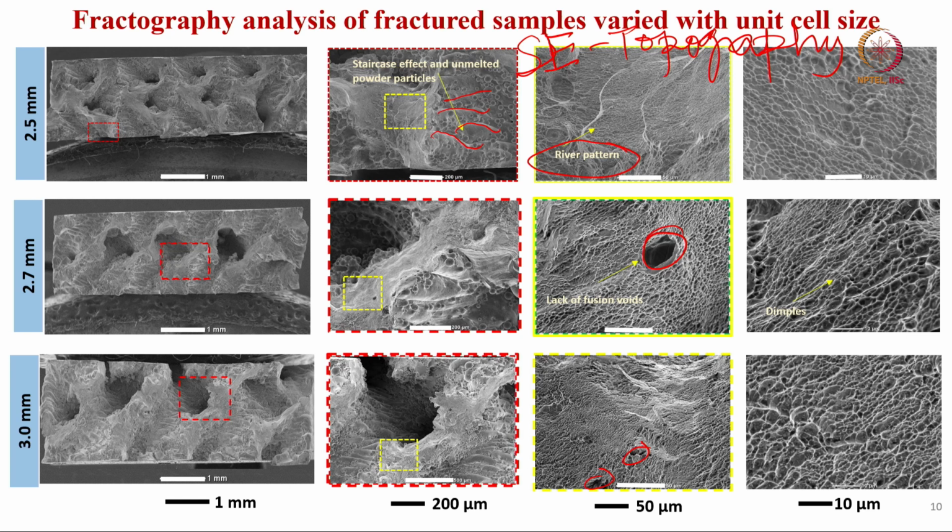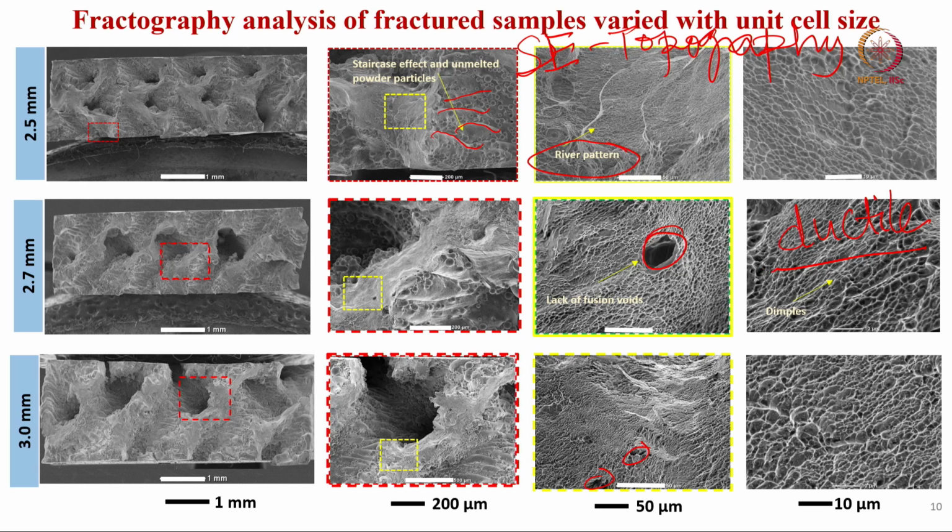The strategy here is to print these 3D printed structures with lattice structures, but at the same time you cannot compromise the strength properties if you have different defects in the structures. Within the struts, these kinds of defects are contained, like lack of fusion voids or dimples. These are the classical signatures of ductile failure of materials.